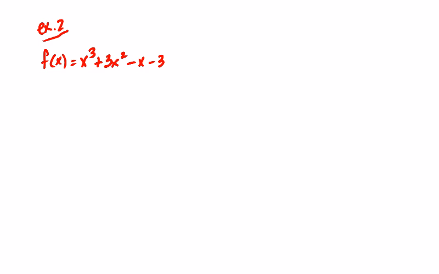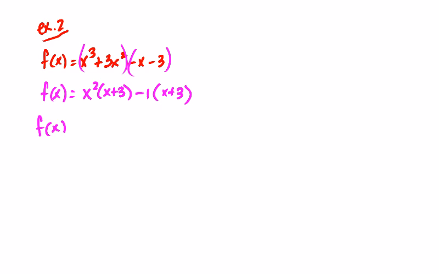Since it's got 4 terms, in order to factor it, we want to factor by grouping. So f of x would equal x squared times x plus 3. The next GCF is a negative 1, leaving us with x plus 3, and so this really factors to take out the x plus 3, and leaves us with x squared minus 1.